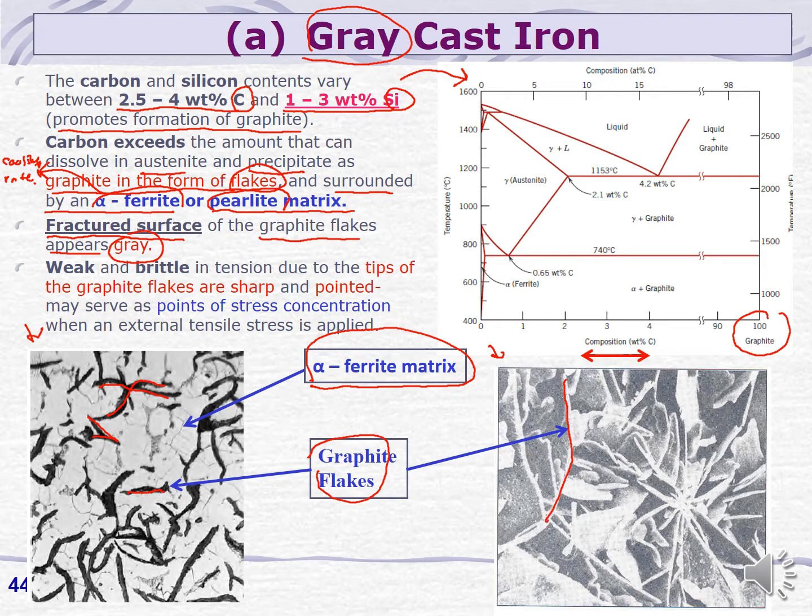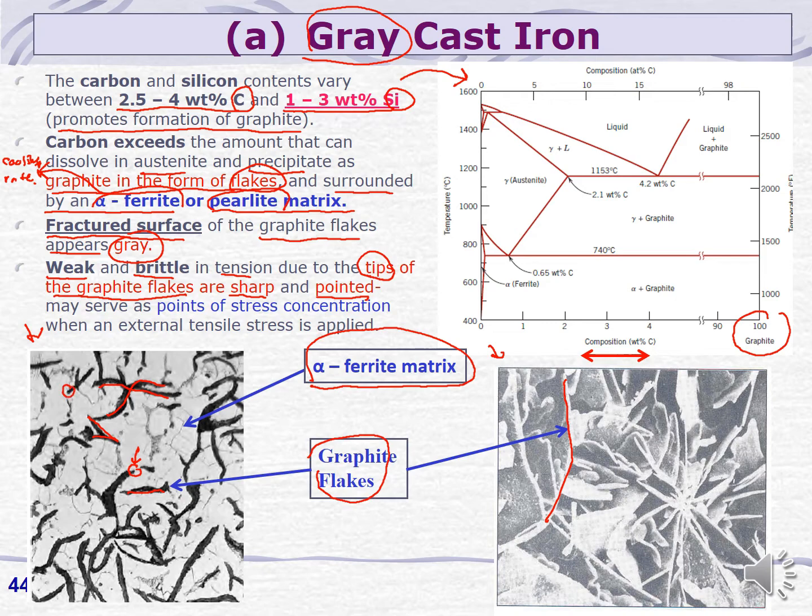This grey cast iron is weak and brittle in tension because the tips of the graphite flakes are sharp and pointed. You can see here, this is a graphite flake, and it has tips at the ends.